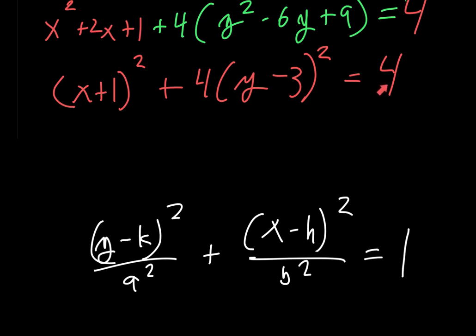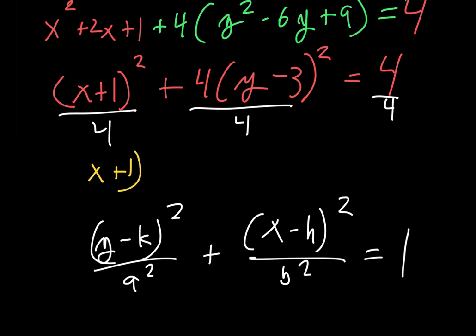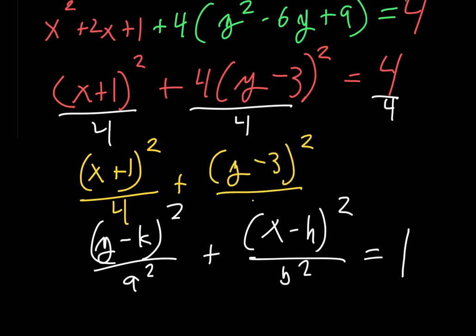So I need to find, how do I make this 4 into a 1? If I divide everything up here by 4, my final version will be x plus 1 squared over 4 plus y minus 3 squared over 1 equals 1.